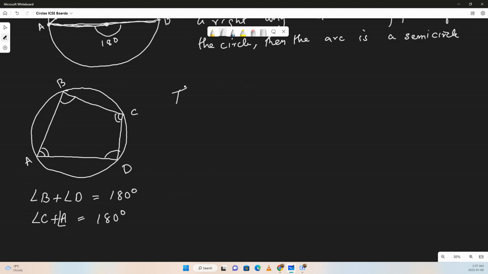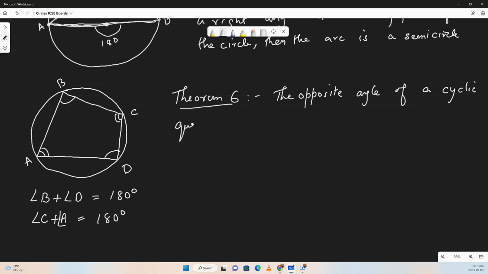So let me write that down in words. So this is going to be theorem 6. So what does it say? The opposite angles of a cyclic quadrilateral are supplementary.